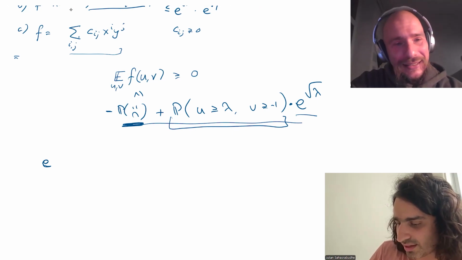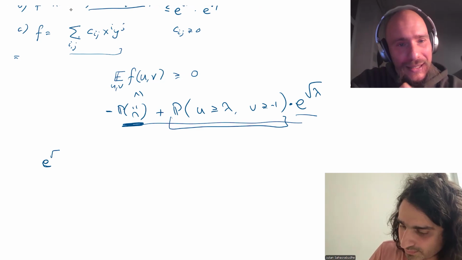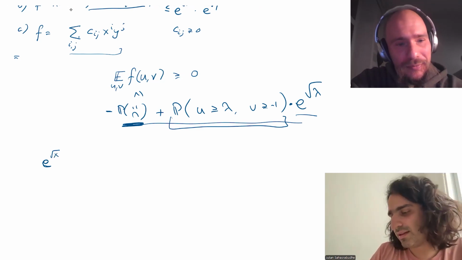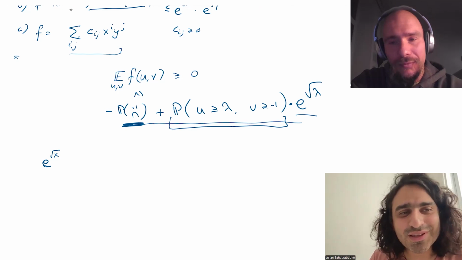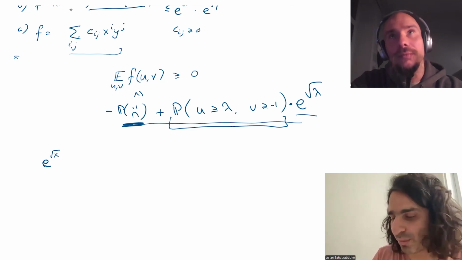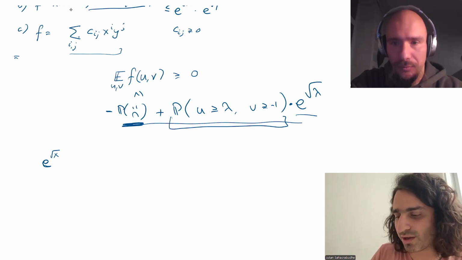So if you consider e to the root x, then this function looks approximately appropriate, because it's growing not too fast, the kind of growth I want.